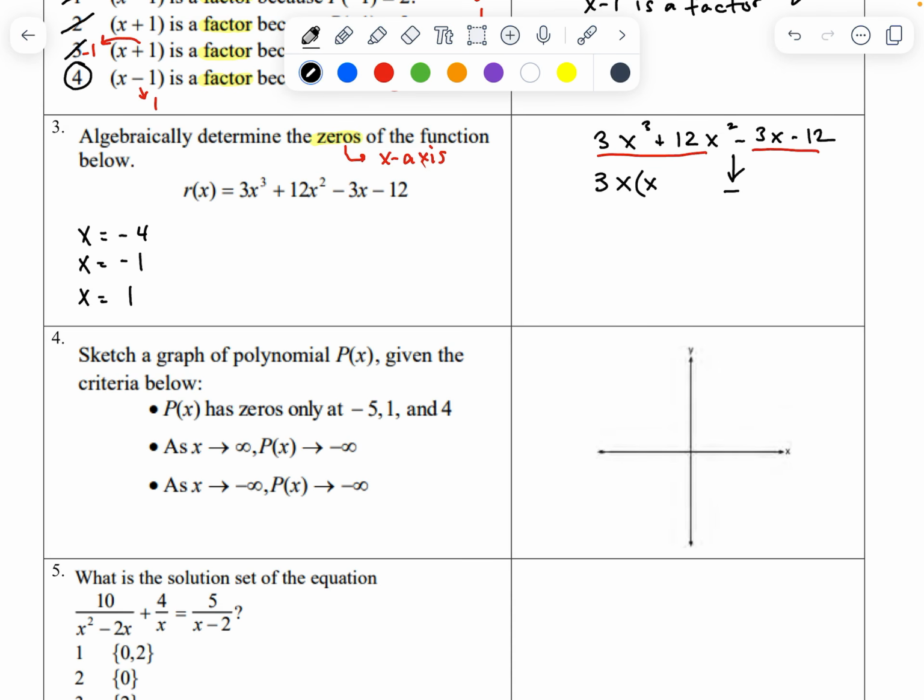When I figure out what's left over, I have an x squared plus a 4. On the right side, I have a 3 in common. Interesting, I have a 3 and an x minus 4.